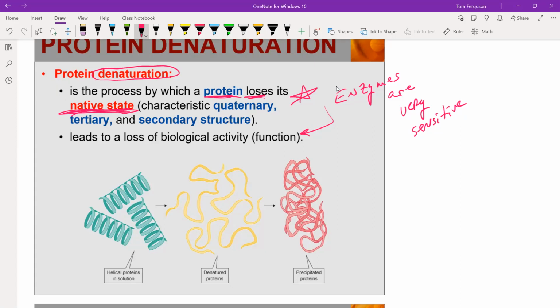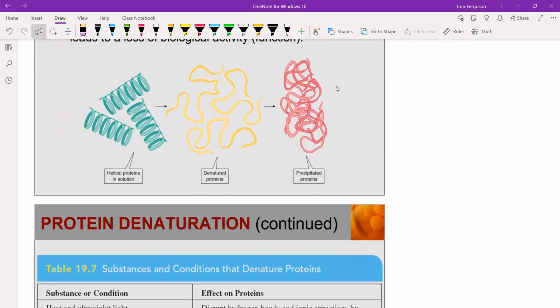There's a lot of terms when we get into enzymes about this denaturation process. Now, when you start with a nice protein and it undergoes a heat or pH change, it's going to be denatured, and then it's not necessarily going to go back to that.